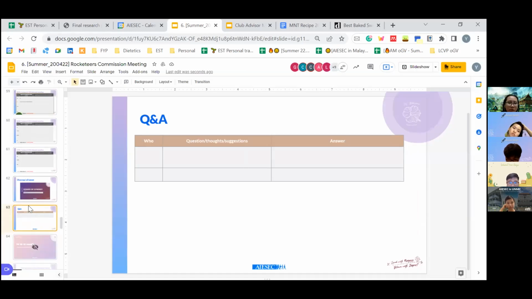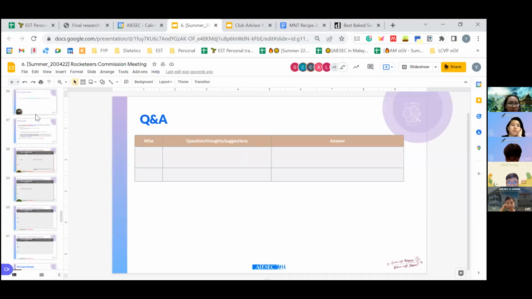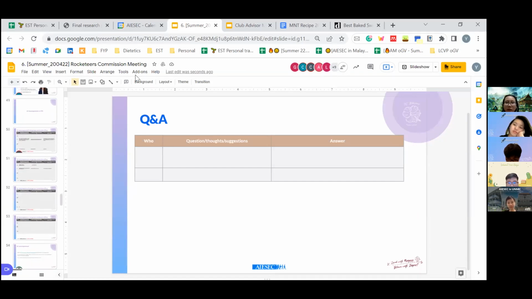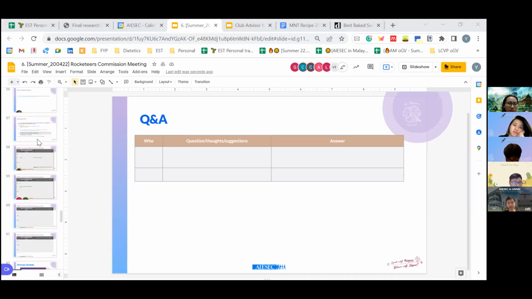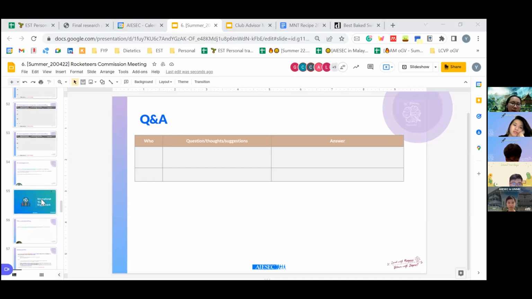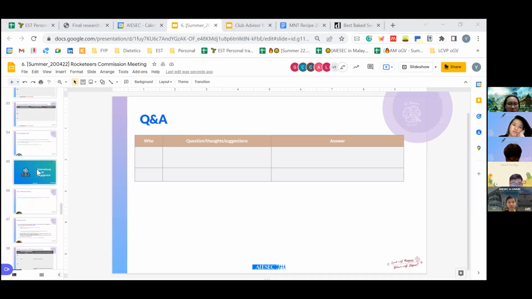So any questions so far that you have regarding all of the things, like your call to action, the things that you need to update? Yeah, so for IR management and also IYE, the booklet is already there.